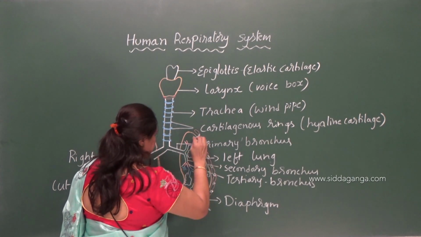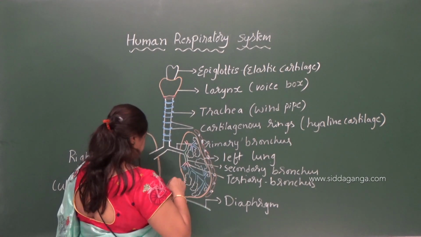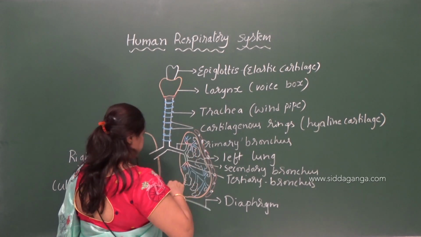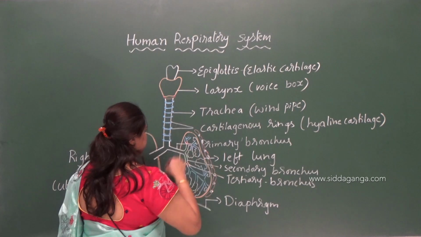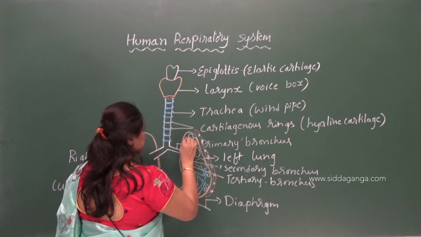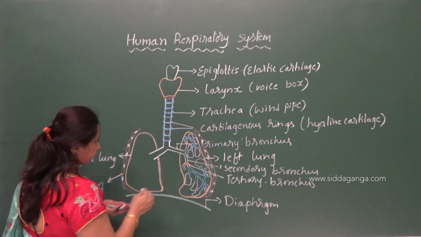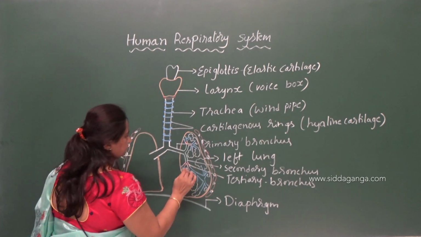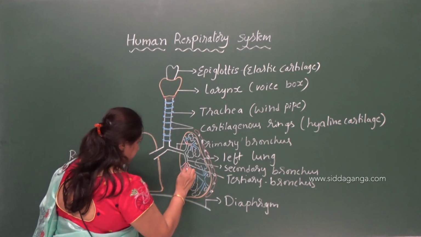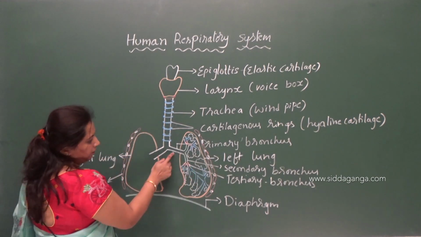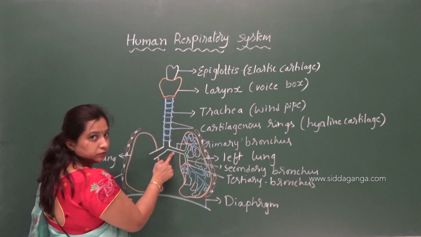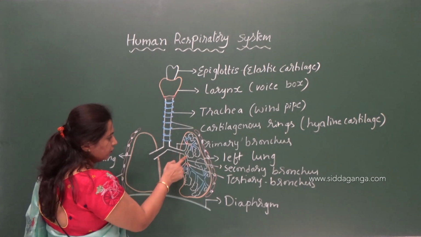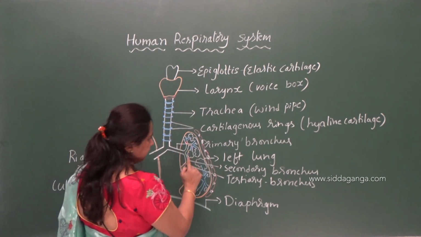So these are the alveolar sacs. Okay. So the primary bronchus on entering into the lungs will divide into small tubes that are called secondary bronchi.